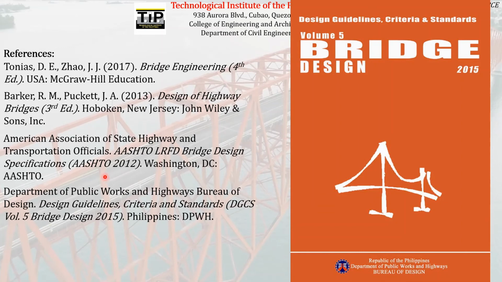I have used AASHTO 2012 because as I checked, our local code is still using the AASHTO 2012 edition of the code. Although there is already a newer version of AASHTO, since our local code is still using the AASHTO 2012, we will just stick to that edition of the code.